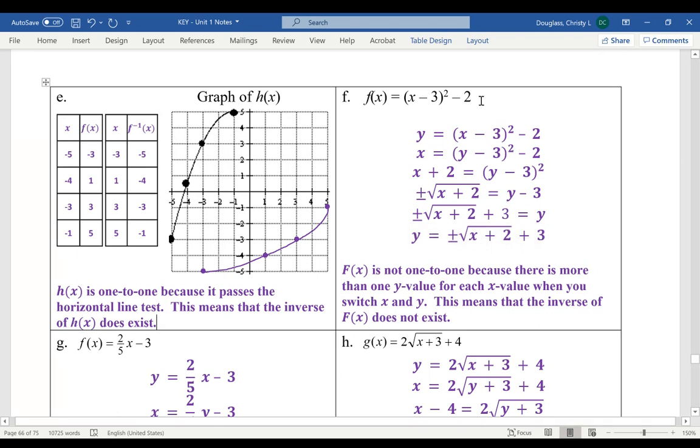If you think about the original f of x, we see that it's a quadratic, which means when you graph it, it would be a parabola. The inverse of a parabola would be a sideways parabola. All right, so that would not be a function. A parabola fails the horizontal line test, so its inverse does not exist.